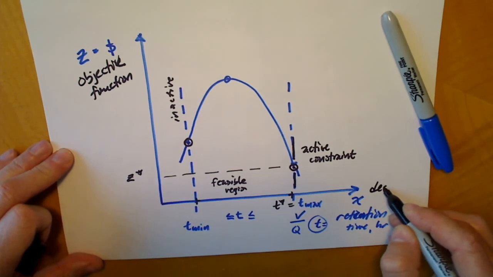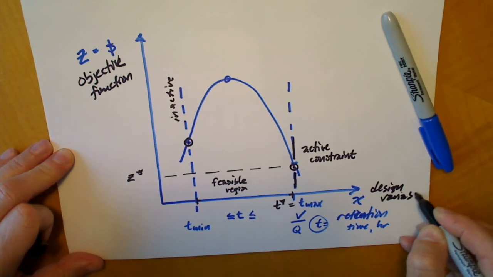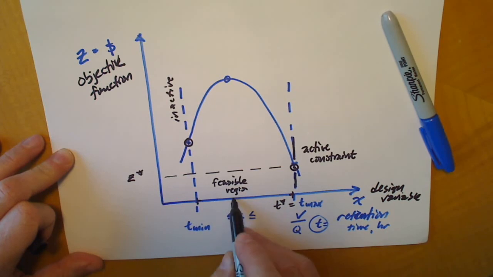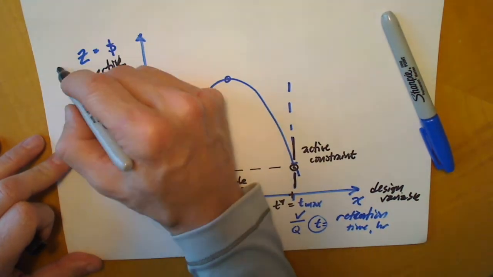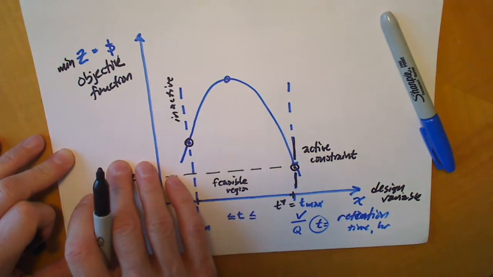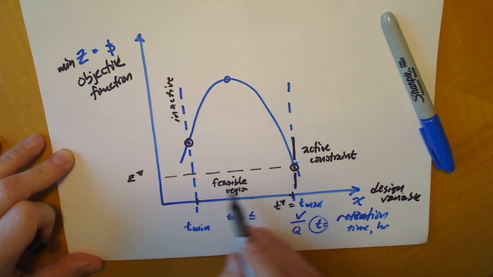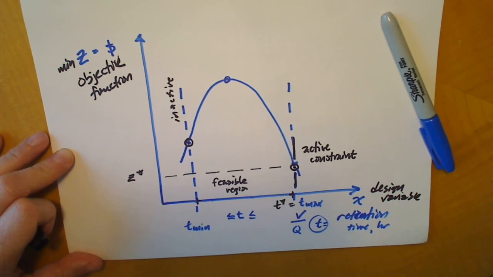We understand the meaning of design variable. It's that independent variable or set of independent variables that the engineer gets to choose in such a way that will maximize or minimize the objective function. We understand constraints. Constraints are those values that bound the choice of design variables.